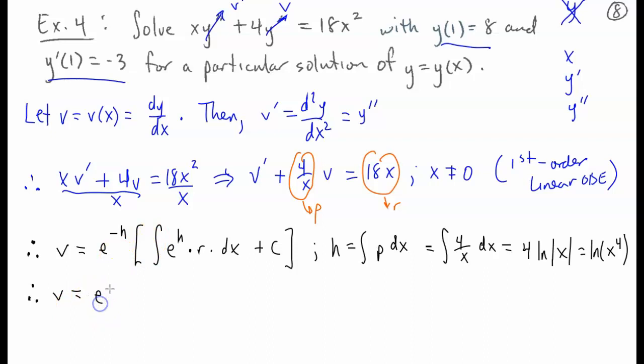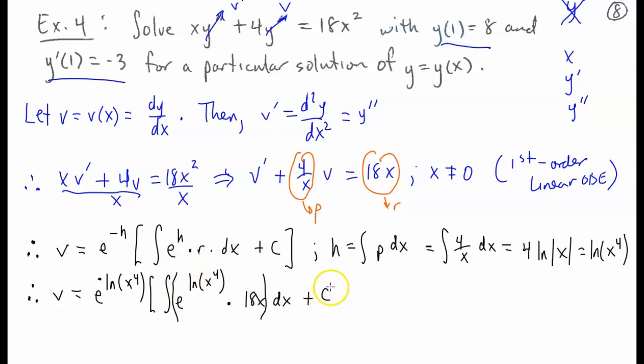So we have e raised to the negative natural log of x to the 4th, and this should be a minus here. And r is going to be 18x dx plus c, and all of this is together like that.